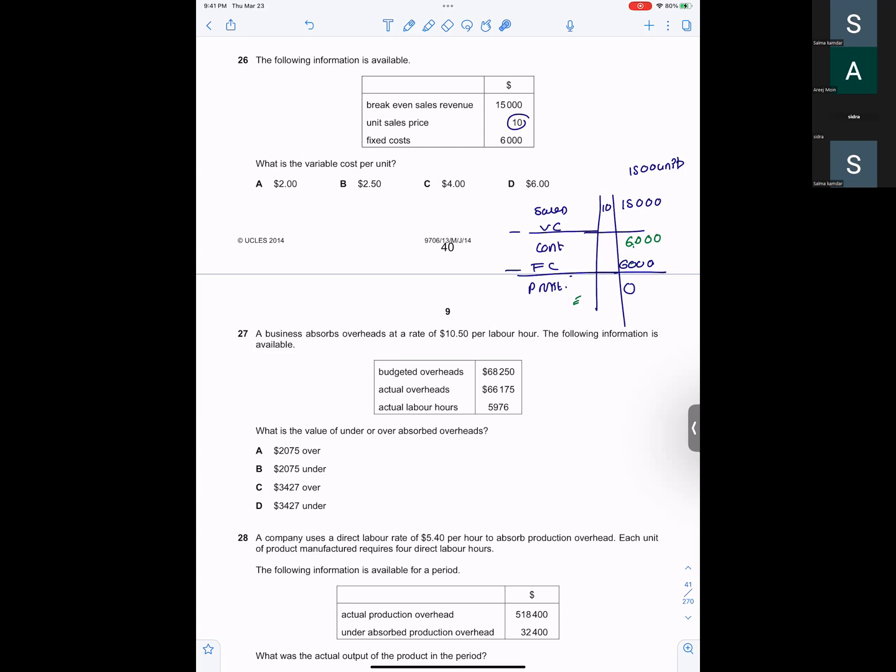So what will be the variable cost? 9,000. 9,000 divided by 1,500.